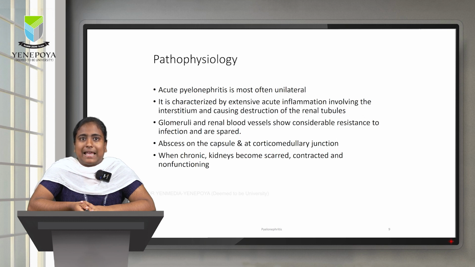It is characterized by extensive acute inflammation involving the interstitium and causing destruction of the renal tubules. Glomeruli and renal blood vessels show considerable resistance to infection and are spared. There are abscesses on the capsule and at the corticomedullary junctions. When it is chronic, the kidneys become scarred, contracted and non-functioning.